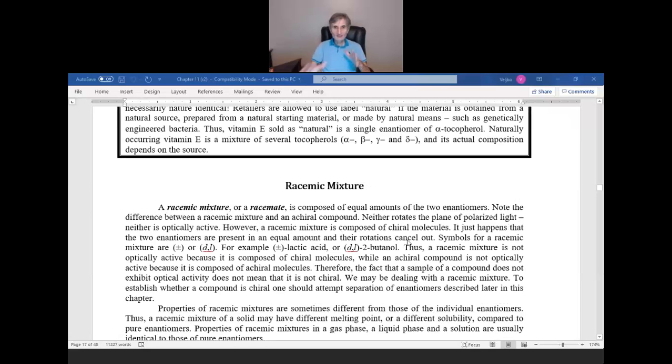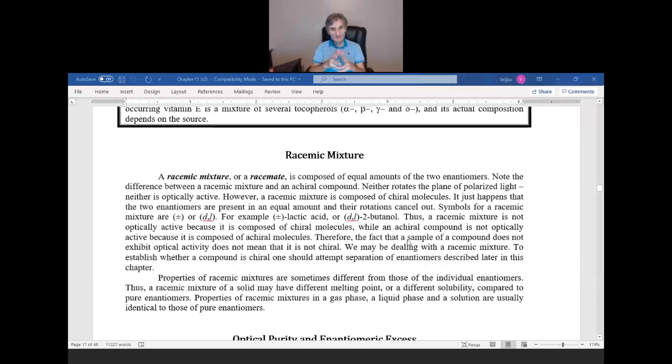Now, individual enantiomers rotate, of course, plane of polarized light by their own specific rotation. But if we have an equal mixture of two enantiomers, then one enantiomer will rotate plane of polarized light to the right, the other to the left, by exactly the same amount. So they will compensate each other's rotation, and a racemic mixture will not rotate plane of polarized light.